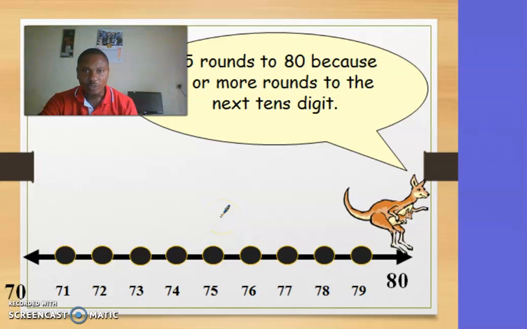So what do we do? We look at the numbers 0 to 4, then the numbers 5 to 9. So we want to round to the nearest 10. So this is the number 75.